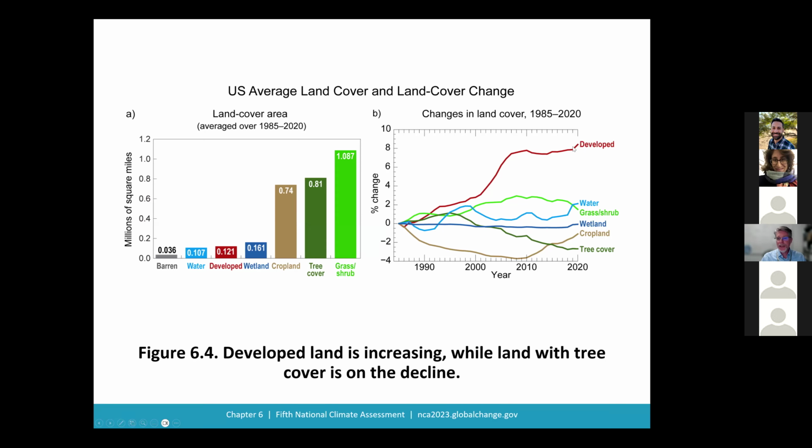And the main point that we were drawing from these results is that the developed area has increased consistently over that period, while other areas have increased and decreased with an overall trend in decreasing tree cover as a dominant response there.